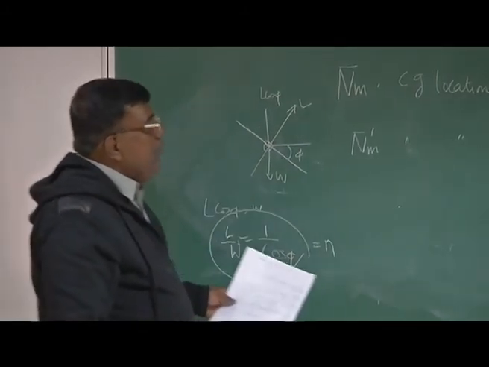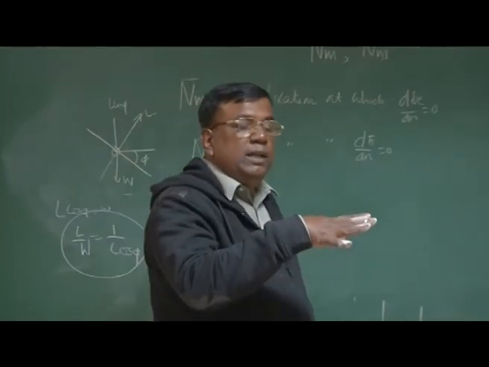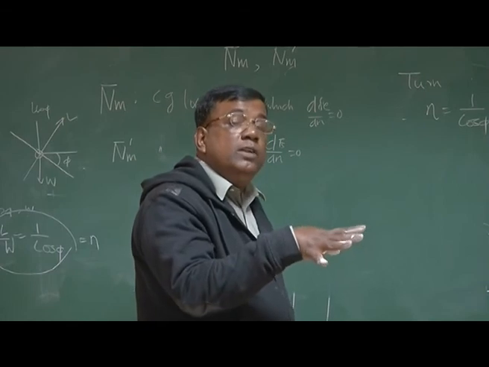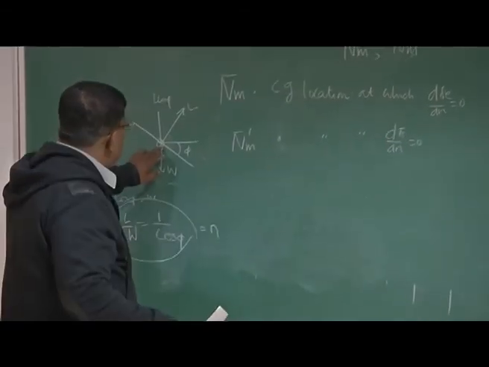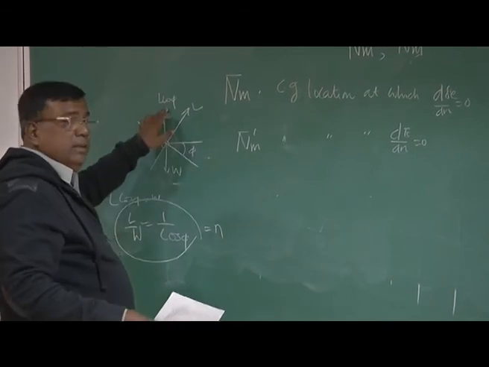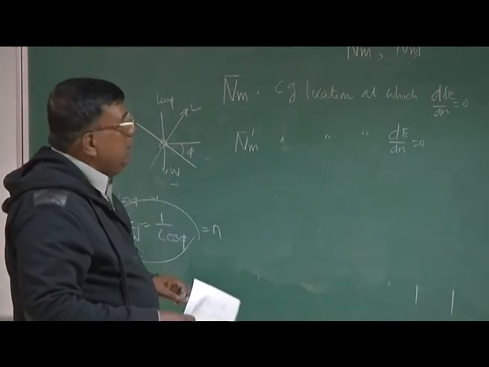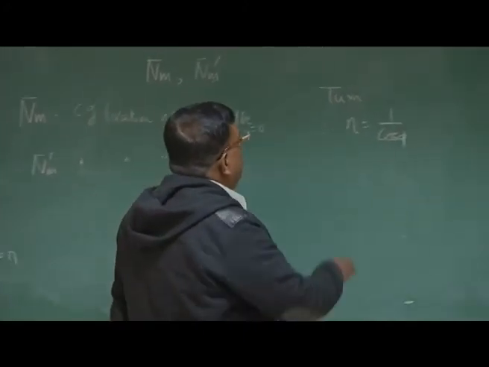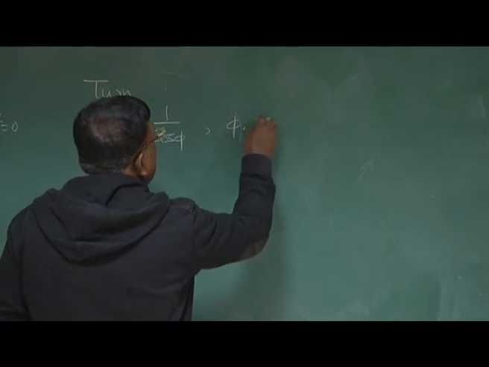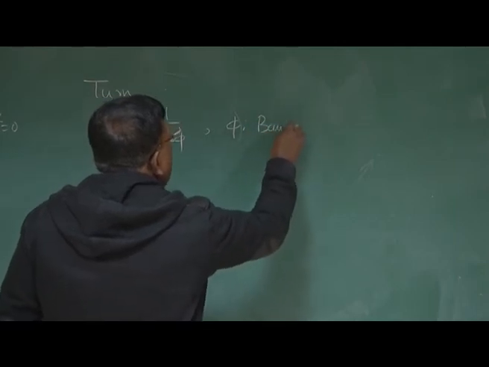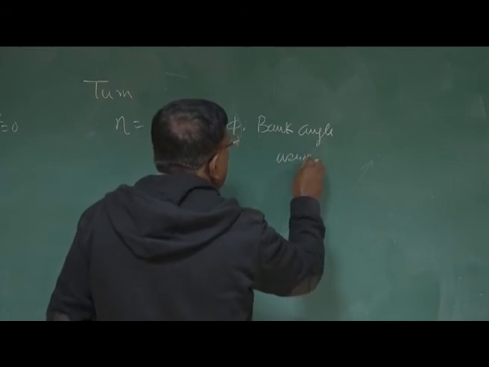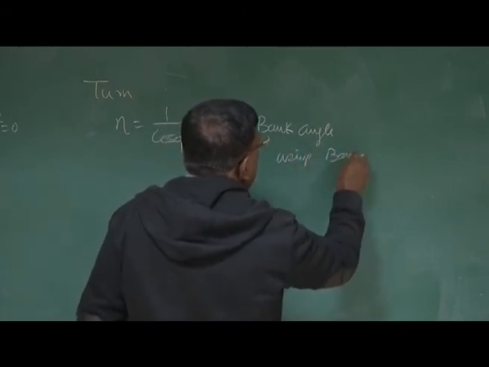So if I am banking the airplane and making a turn like this without losing altitude, because I am balancing that weight, which will try to take the altitude, by L cos phi. Accordingly, I can find out what is the load factor with which I am flying if I take a reading of phi, the bank angle, using the bank indicator, which is in the cockpit.